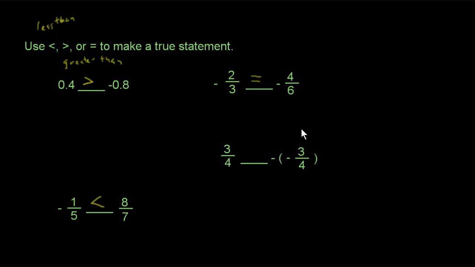On the next problem, we have 3/4 and the opposite of -3/4. Remember, we talked about that earlier. The opposite of -3/4 is the same as +3/4, and so we have something that's equal.